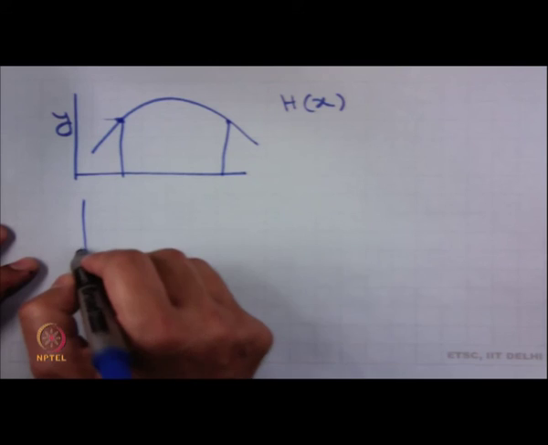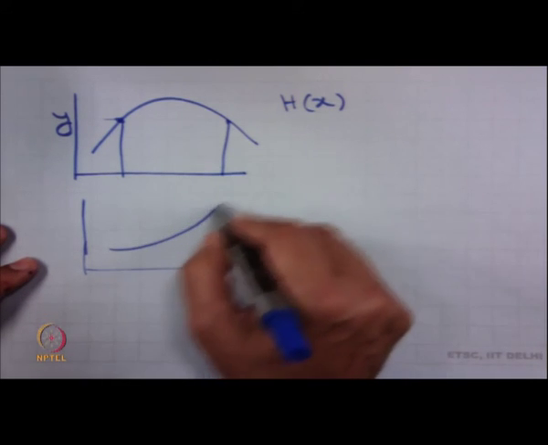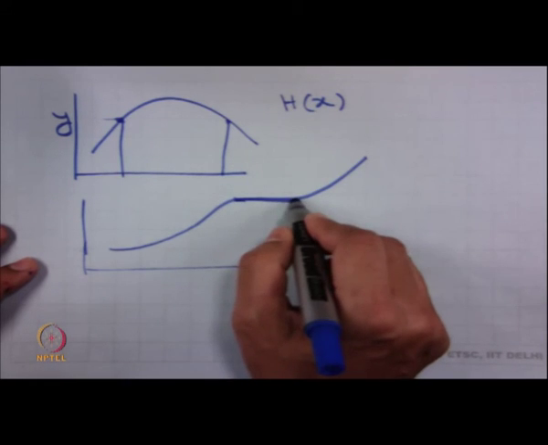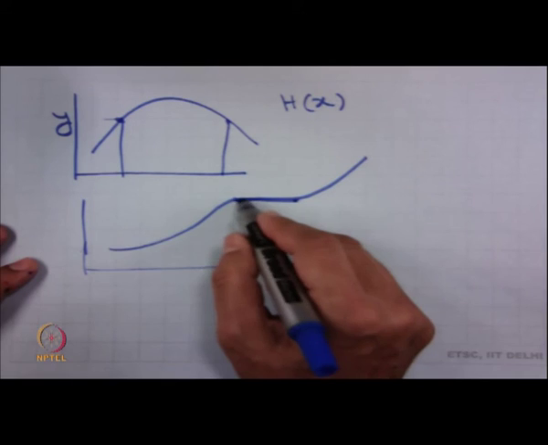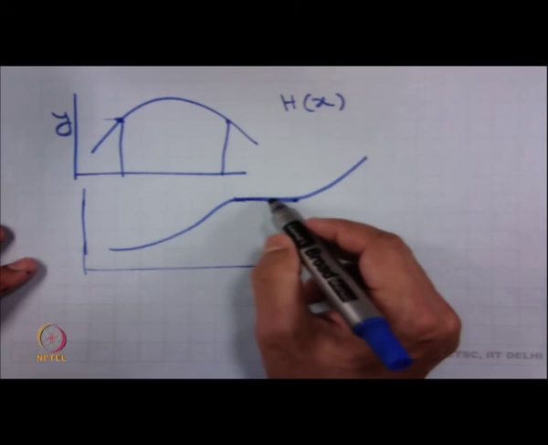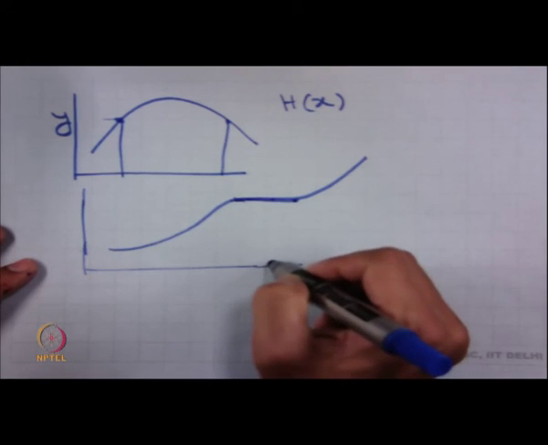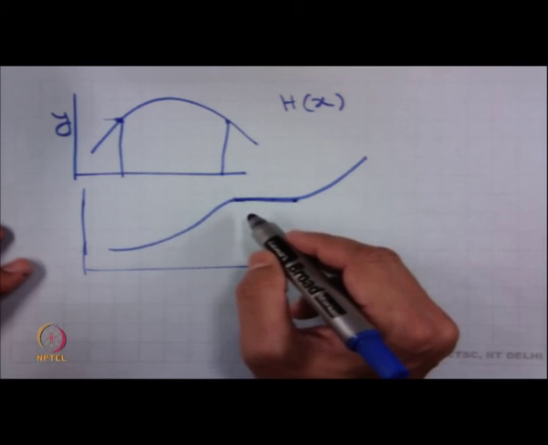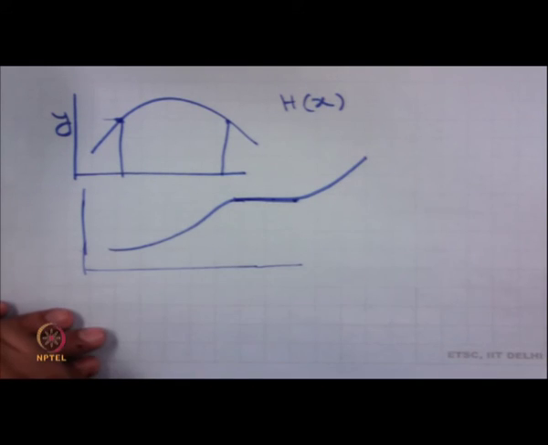In a similar way, if it is something like this, although it is increasing, but on this range the value is fixed, then also for these values of y we cannot actually get the inverse of the h function, and therefore, in these cases we have to apply some tricks to partition it into non-overlapping segments, and from there we will have to calculate the PDF of the function of x.